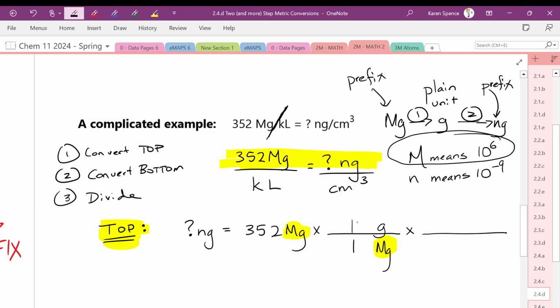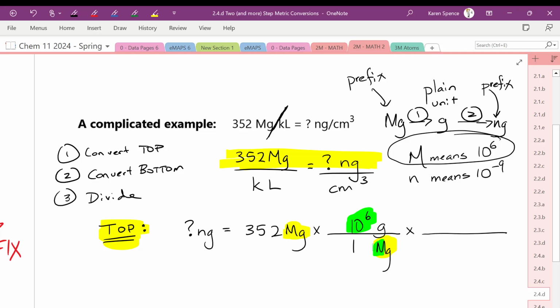So that's going to be 10 to the 6 grams. I have a megagram on the top and a megagram on the bottom. Those two things are equal. Remember, a conversion factor must always be equal, top and bottom.